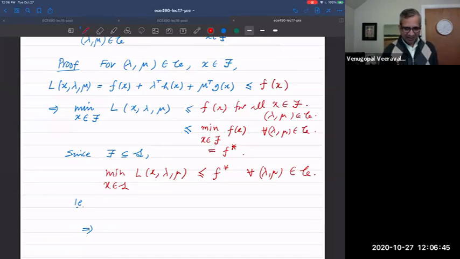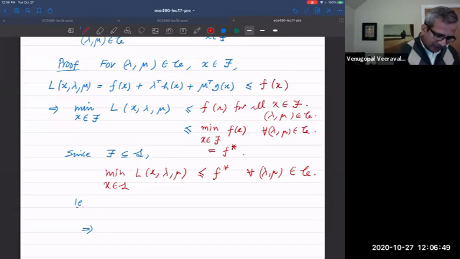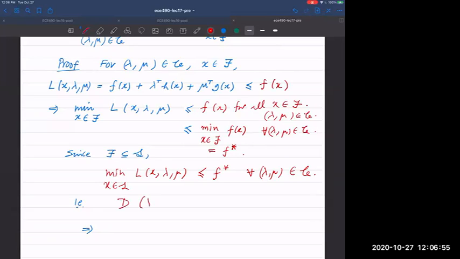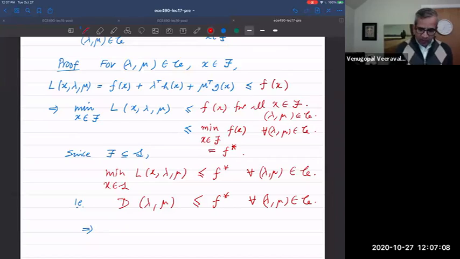Okay, but what's the left-hand side? That's exactly what we defined to be D. But this holds for all lambda.